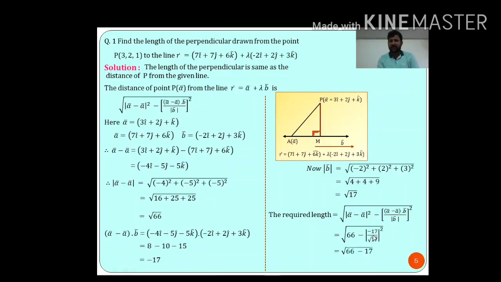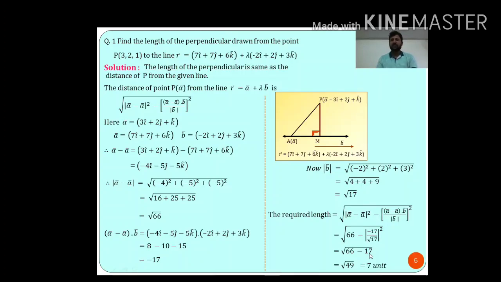Value obtained is 17. Finally, the difference 66 minus 17 is 49. And the square root of 49 is 7 units. Hence, the conclusion is the distance of the given point P from the line is 7 units.